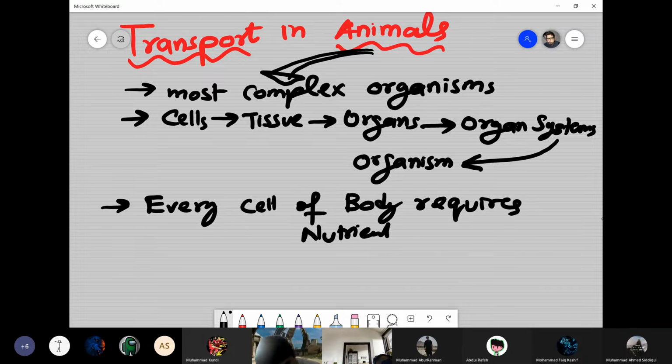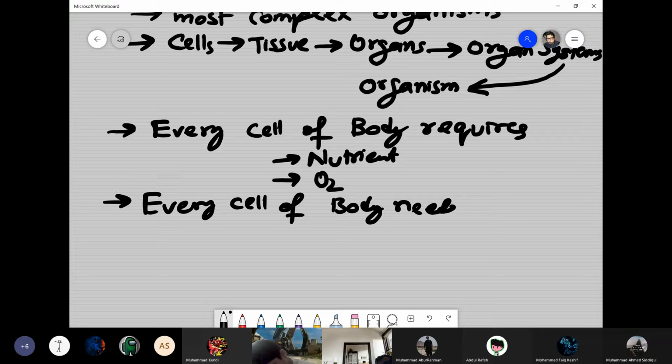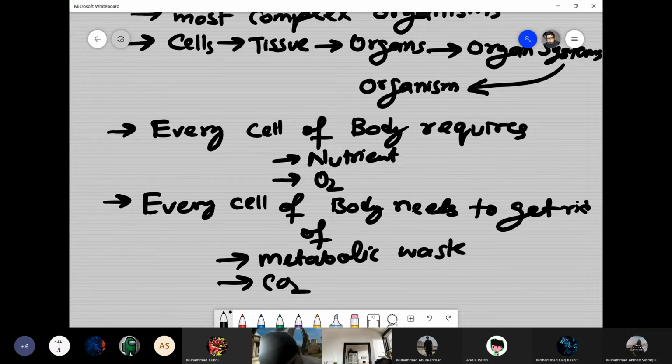One thing, every cell of the body also requires what? Oxygen. Another thing, every cell of the body needs to get rid of metabolic waste and carbon dioxide as well.